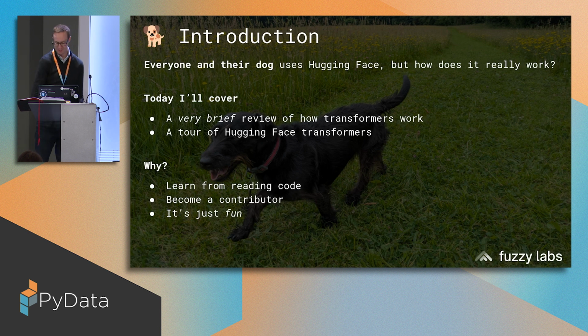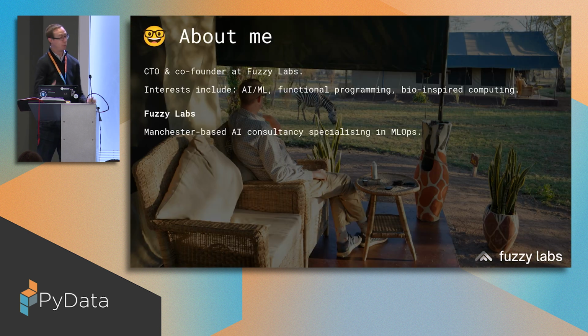Because it's fun. So, a little bit about me. My name is Matt. I'm the CTO and one of the co-founders of a company called Fuzzy Labs. So we are an AI consultancy based up in Manchester in the UK, and we specialize in helping people productionize AI. So we cover the entire life cycle from data, model, production, monitoring, everything in between.